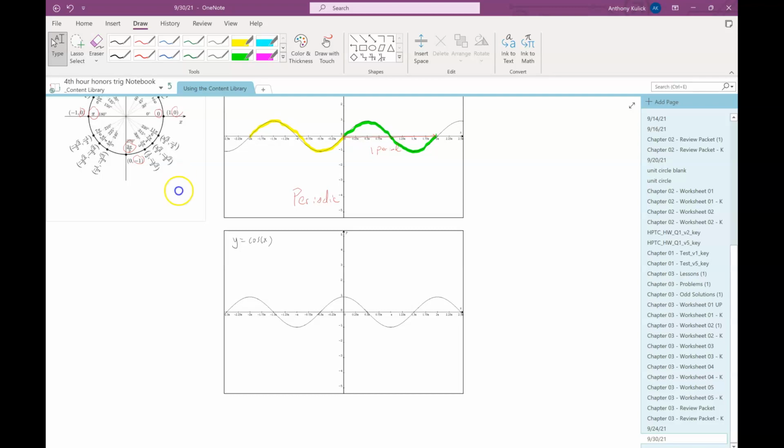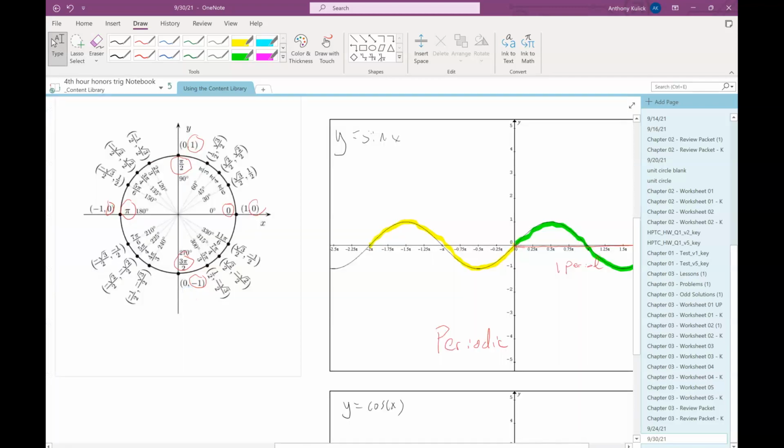Let's just illustrate how we would get that graph. If I go to my unit circle, same idea as with the sine. The x-coordinate is going to be my angle measure, and the y-coordinate is going to be the output of cosine. That's going to be the x-coordinate from the unit circle.